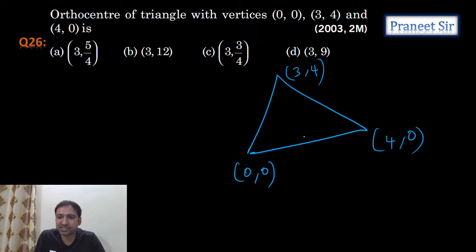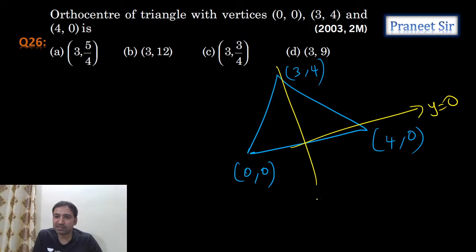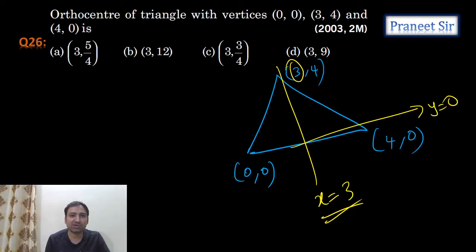Very simple, guys. You just see this is the x-axis, this is y equals 0. So the altitude should be x equals a constant, and it passes through the point (3, 4), so x equals 3. Compulsorily the orthocenter should lie on this line x equals 3. That's why you can observe every option contains x coordinate 3.